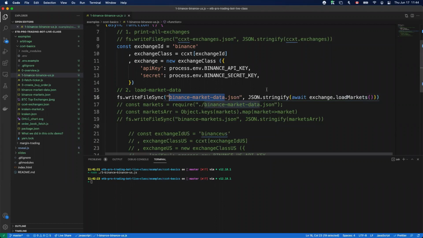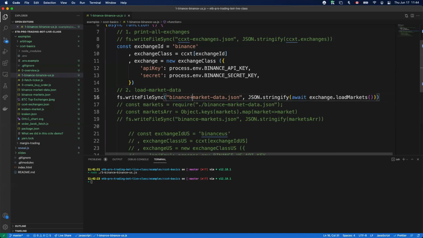Now you might be wondering why I am storing this data into a file. The reason is that console log isn't enough to handle this much data, so it's always good to store it in a file and then retrieve it whenever we need it in the program, right?